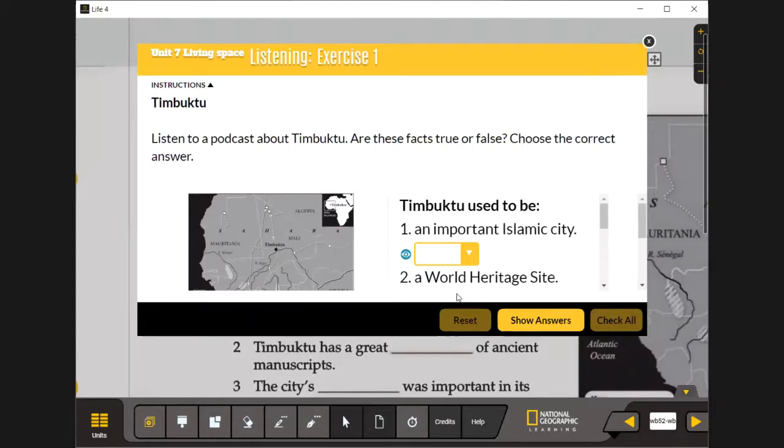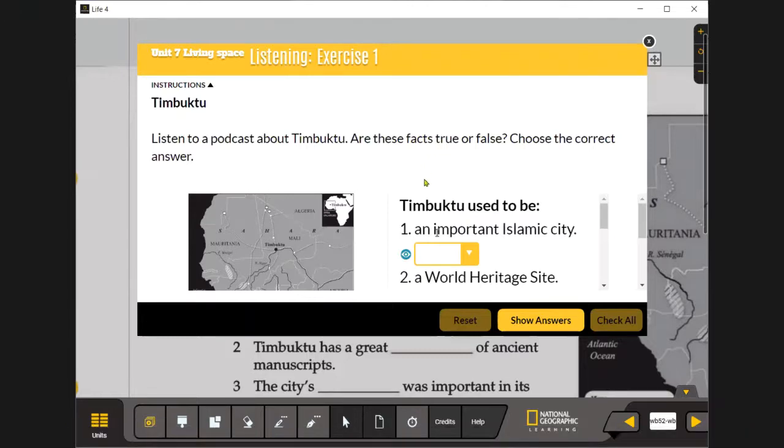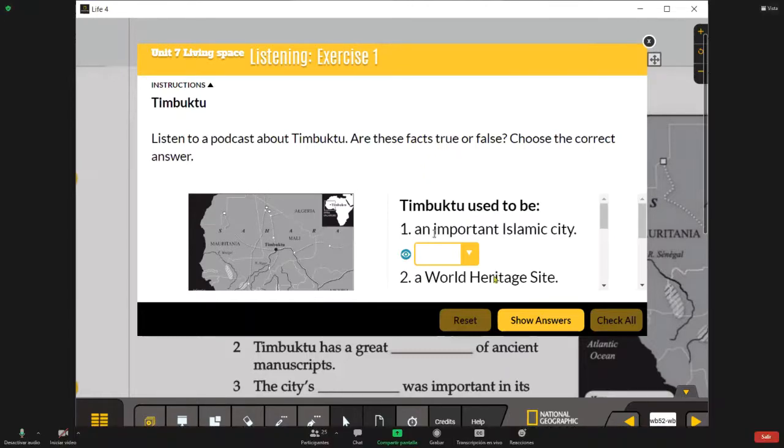All right. Well, so, Jose Eduardo, you begin. Number 1. Oh, yes, but read the whole sentence. From the beginning, Timbuktu. Okay.